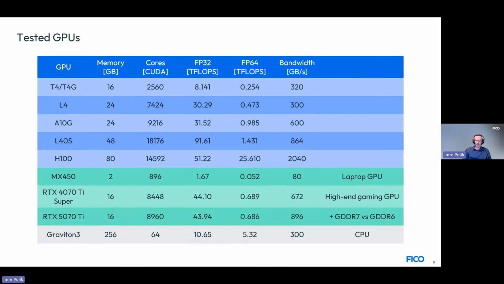So this is the theoretical maximum. On the other hand, gaming cards or lower end cards have much worse double precision performance than single precision performance. In terms of bandwidth, there isn't such a huge difference between high-end gaming cards and enterprise-grade cards. So after this, it will be interesting to see what kind of speeds you can get.